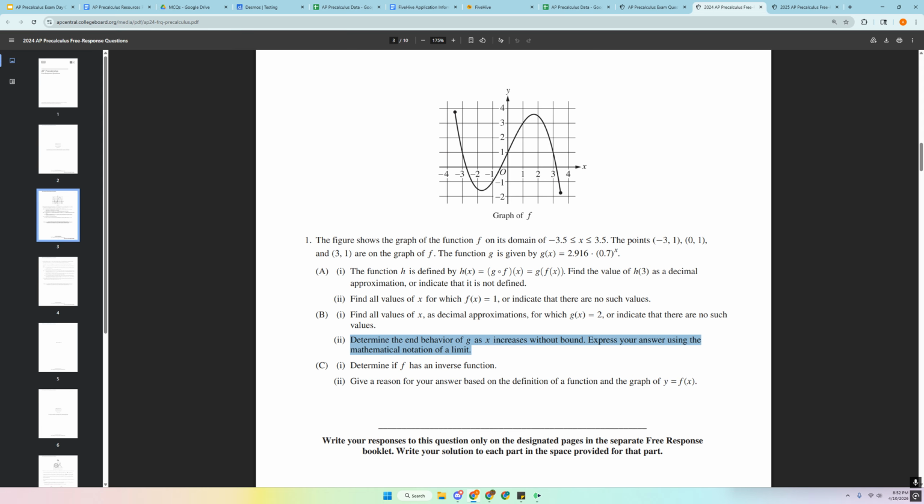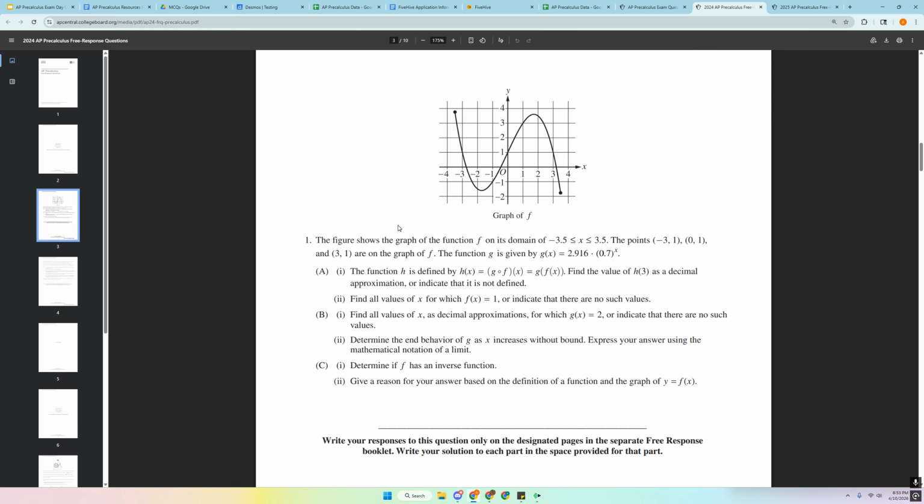For this one, you would look at the graph and figure out where it increases without bound, which means as it approaches positive infinity. So as x approaches infinity, where does y go? And you would use the mathematical notation of a limit, which would be like limit as x goes to infinity of the function equals this.